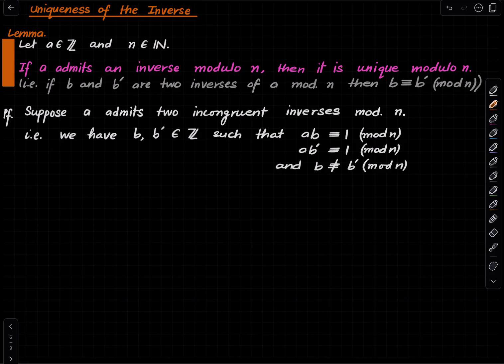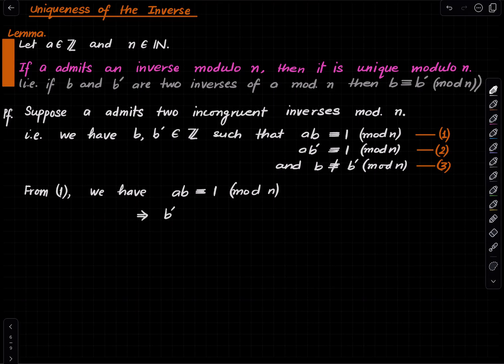So this is 1, this is 2, and this is 3. From 1, I'm just restating 1, we have AB is congruent to 1 mod n, but now we multiply by B prime on both sides. B prime AB is congruent to B prime mod n.